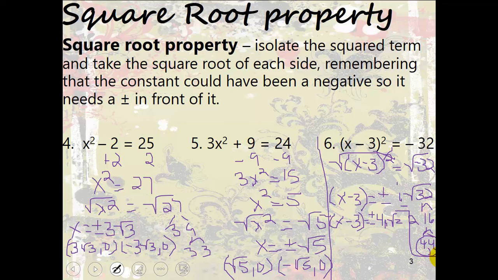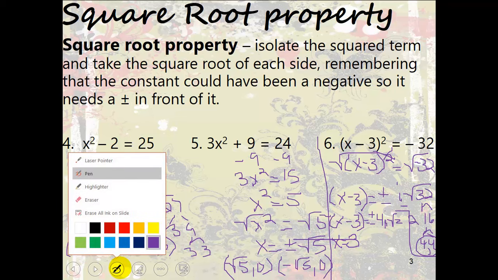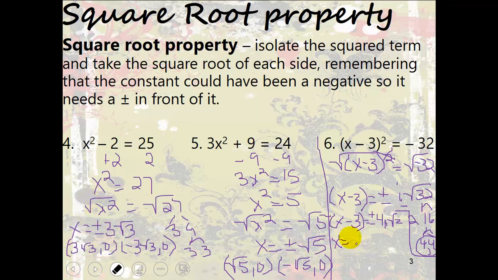Okay, and so now we have to figure out how to get that 3 over. It's really quite simple, and you always want to remember to put it in front of that plus or minus. So I get x is equal to 3 plus or minus 4i root 2.